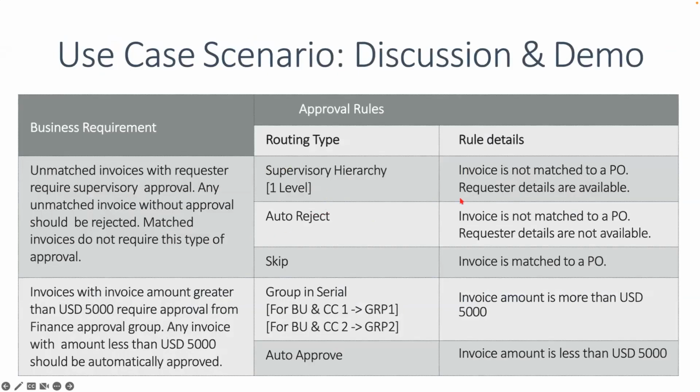So invoice not matched to PO, requester details are available, auto reject, skip. Again, these are the kinds of things that you could be asked to do when building these kinds of rules.